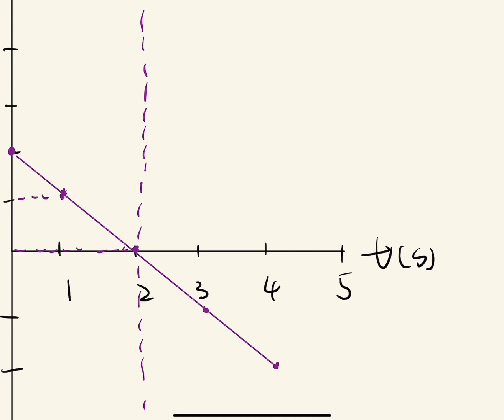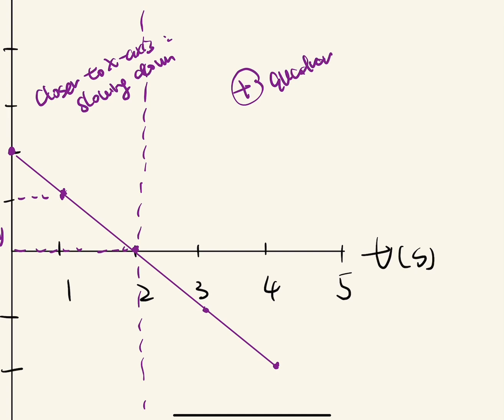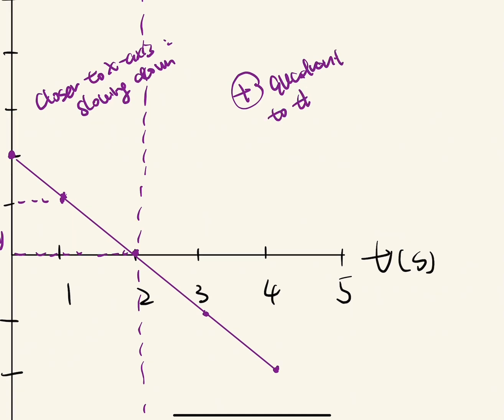Instead, we can see here the y data point is getting closer to the x-axis. So what does that tell us? The car is slowing down. And since this is a positive quadrant, we know for sure the car is moving to the right. What about this part?